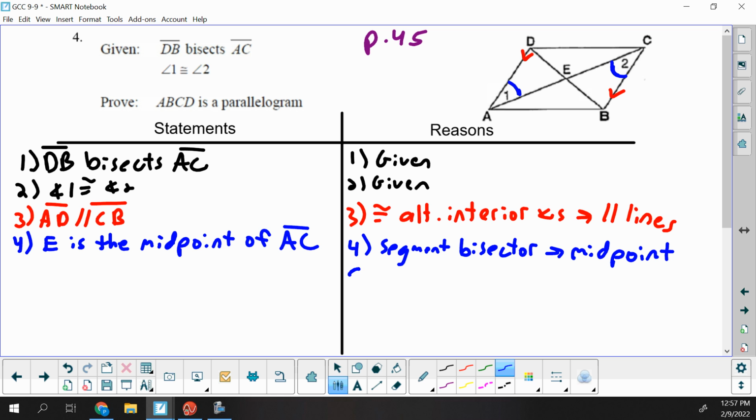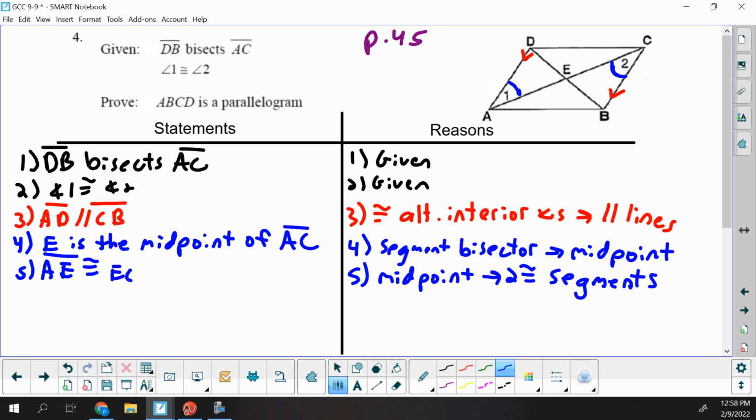And next we should do midpoint implies two congruent segments. If E is right in the middle of AC, then that means that AE is congruent to EC. We said they're congruent in our proof, so we can mark them congruent in our picture.